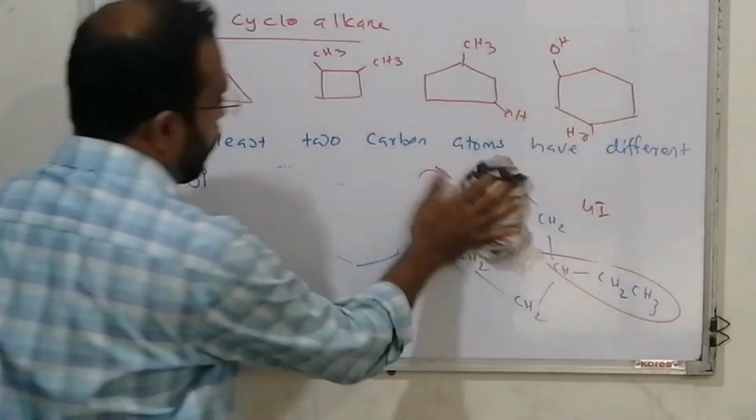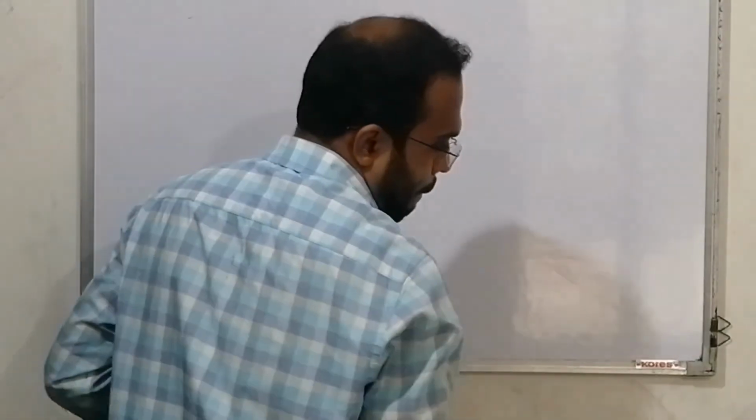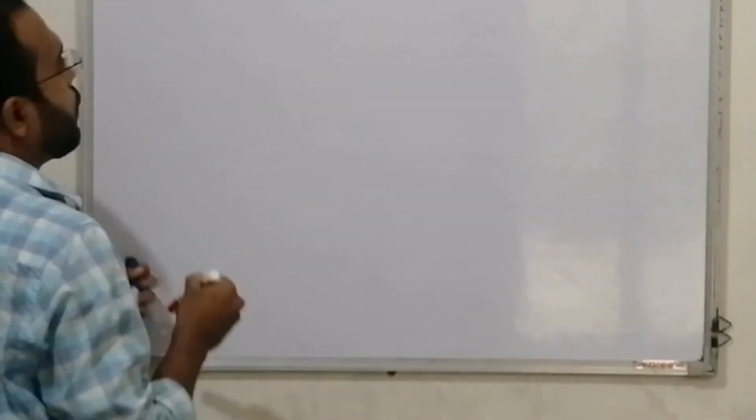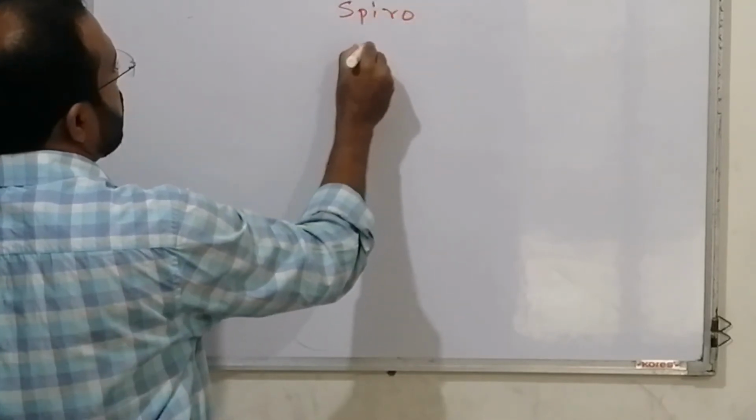Therefore, all these compounds show the geometrical isomerism. Now, spiro compounds. Spiro compounds. We will discuss the spiro in detail. Spiro means this type of rings.